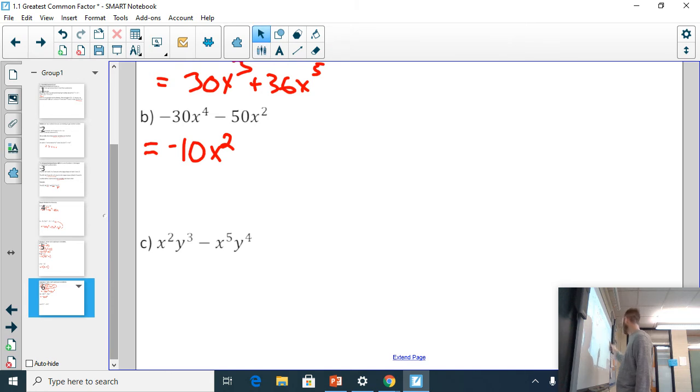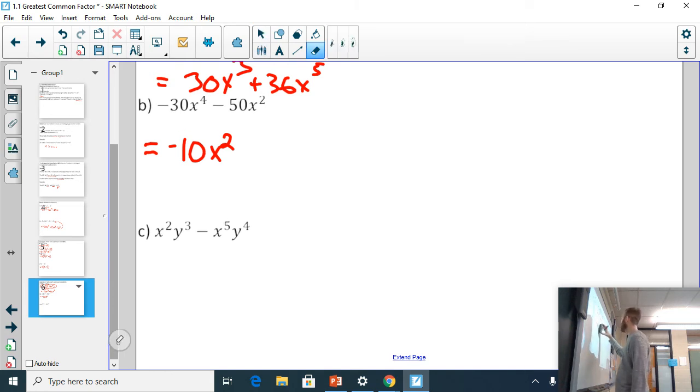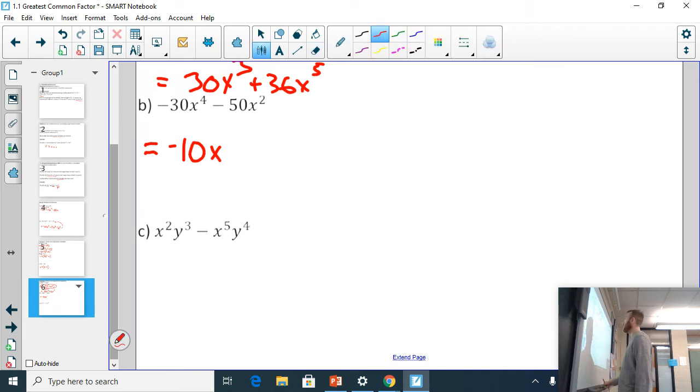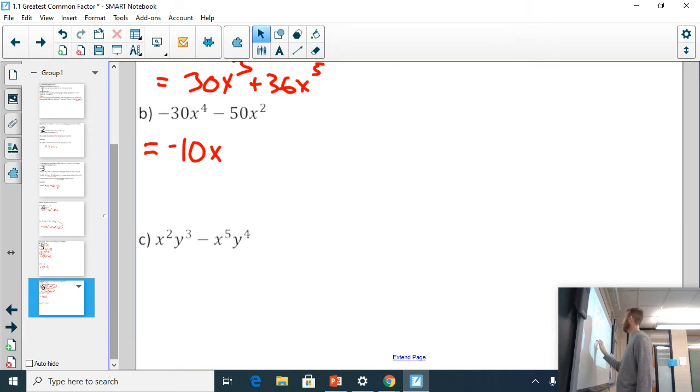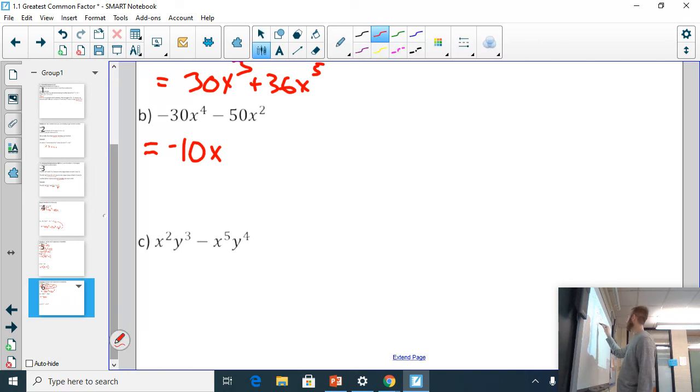And now we're going to rewrite this squared here. Squared. And now negative 10x squared times what is negative 30x to the fourth? Since I took out that negative, it's now going to be positive, right?